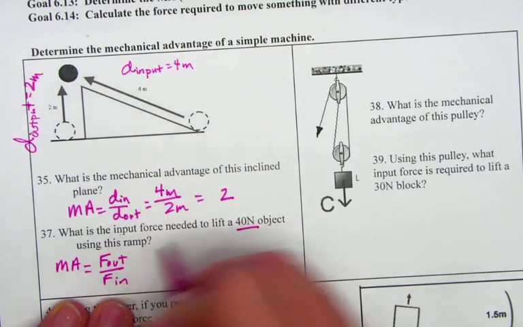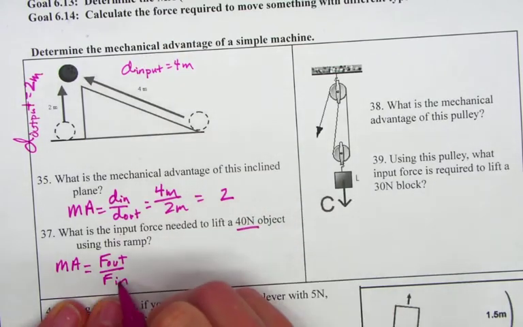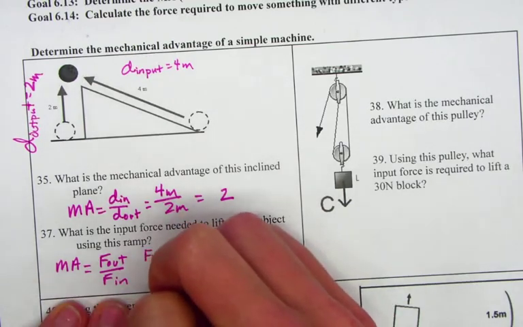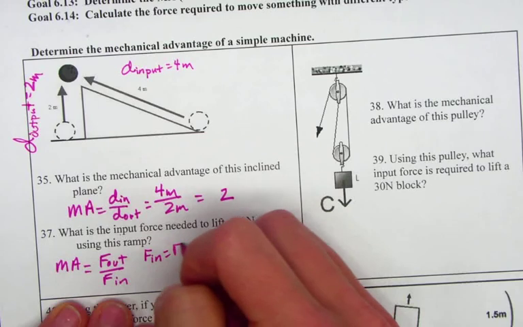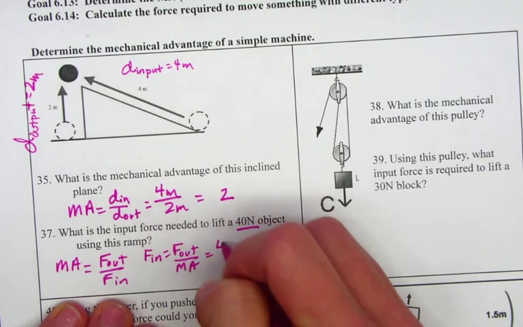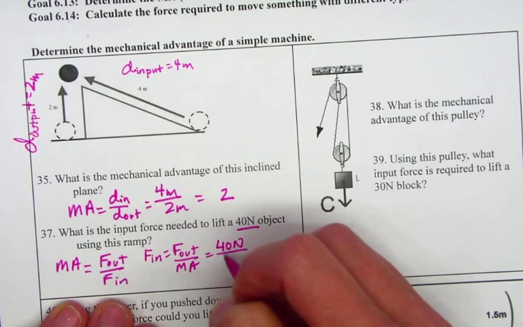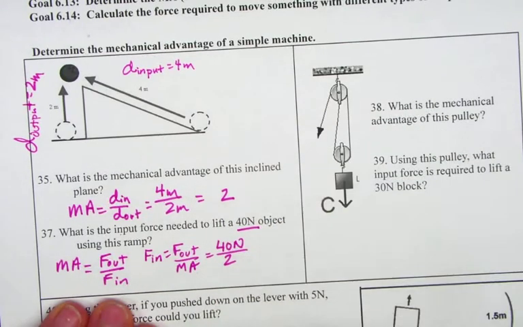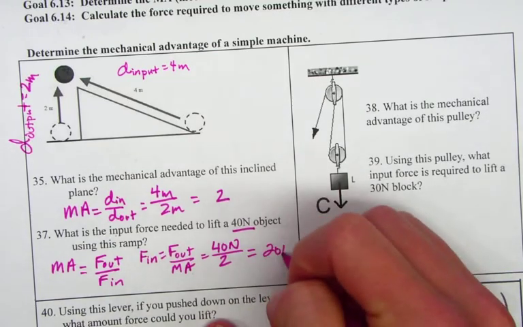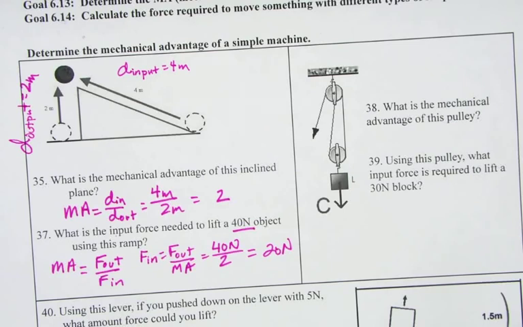So if I'm looking for the input force, if I cross multiply, I know the input force is going to be equal to the output force divided by the mechanical advantage. So that's 40 divided by 2 from problem 35 here. And so that's going to equal 20 newtons.